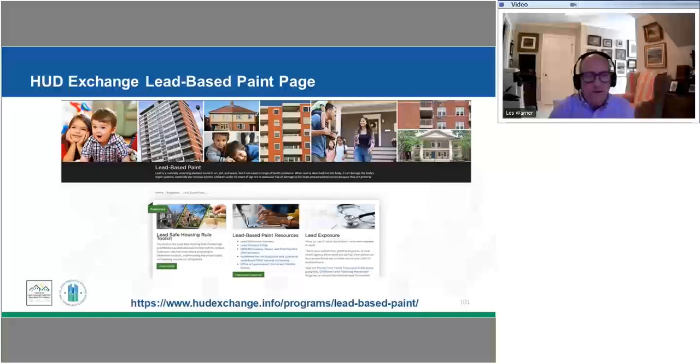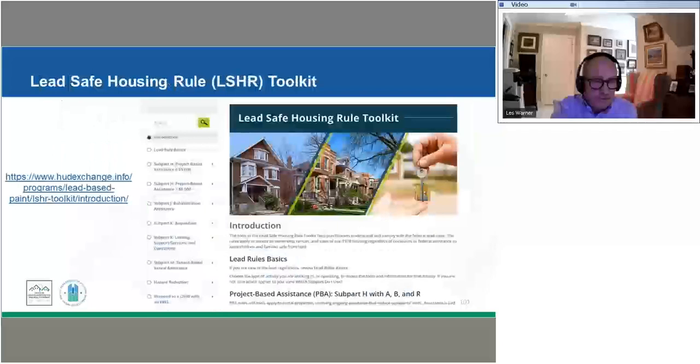We mentioned that there is a landing page on the HUD Exchange, and the link is at the bottom of this slide, which is where most all of our resources on this are going to be easily accessed. We mentioned the toolkit, which is accessed from that landing page, and we provided the direct link.